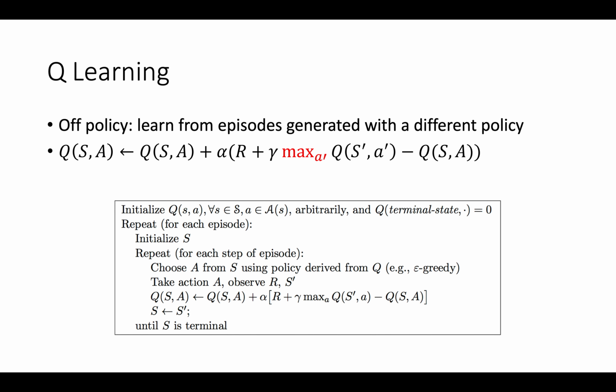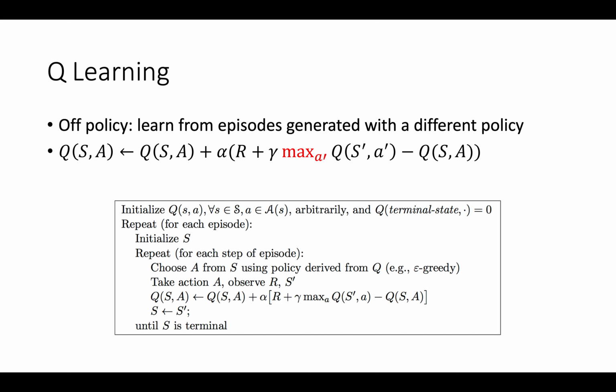We can even learn the optimal action value function in an off policy setting. So off policy means we can learn from episodes generated with a different policy. This is kind of the idea of, if I use an analogy, we can learn from other people by watching what they do.